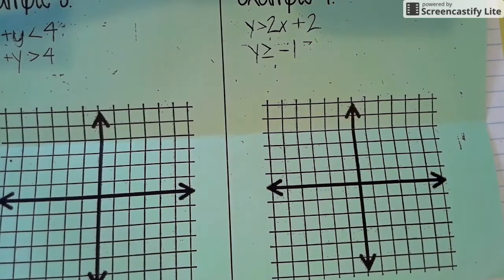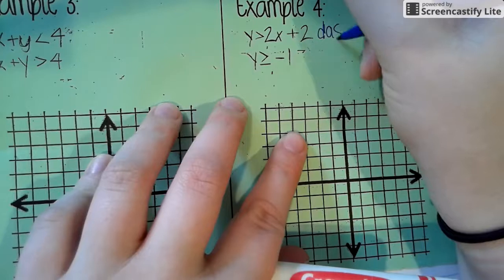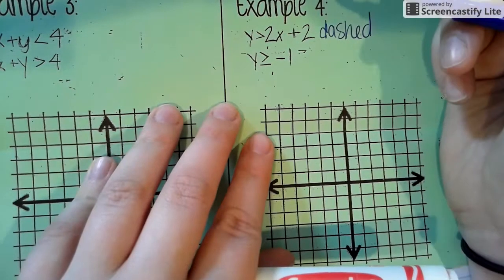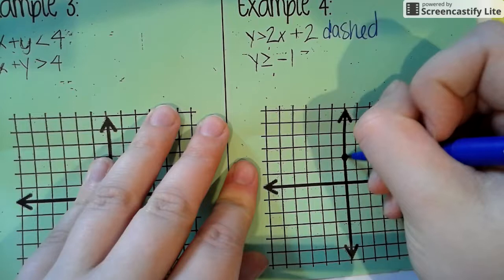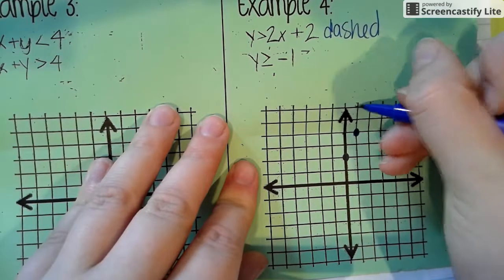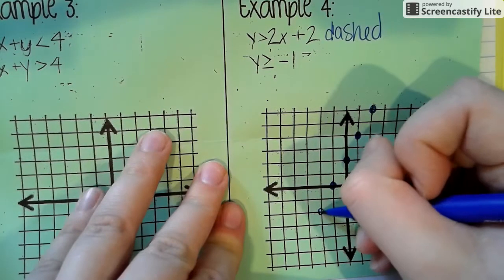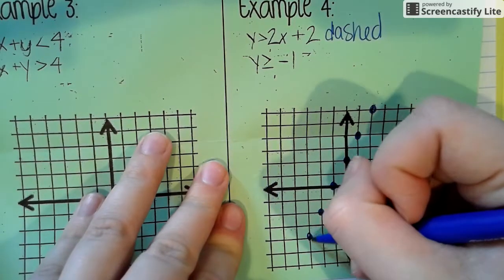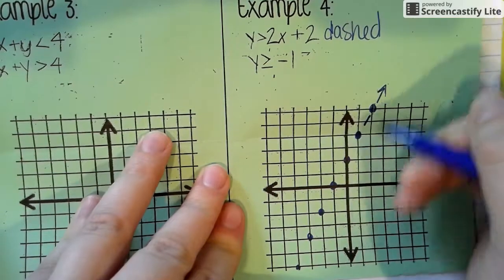So I'm going to start with, this is going to be dashed because it's a greater than symbol. I'm going to start at 2. I'm going to go up 2 to the right one because that's my slope. I'm also going to go down 2 to the left one. And it's going to be dashed.